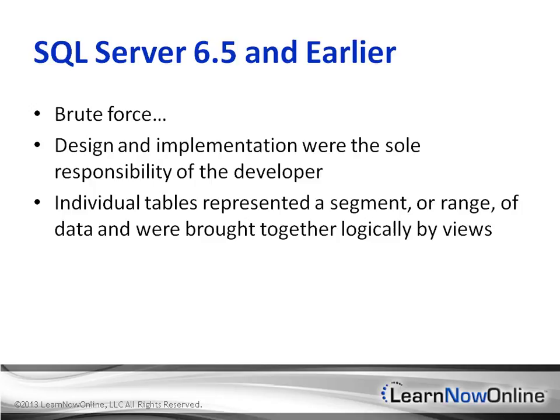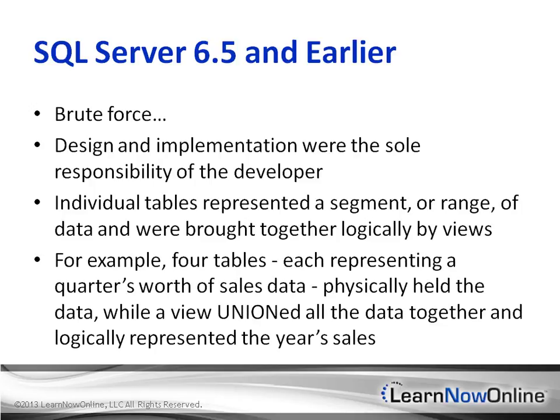Individual tables were used to represent a segment or range of data, and they were brought together logically by views. Let's take an example. Consider having 4 tables, each representing a quarter's worth of sales data that physically hold the data. We'd have to use a union view to bring the data together logically to represent an entire year's worth of sales.